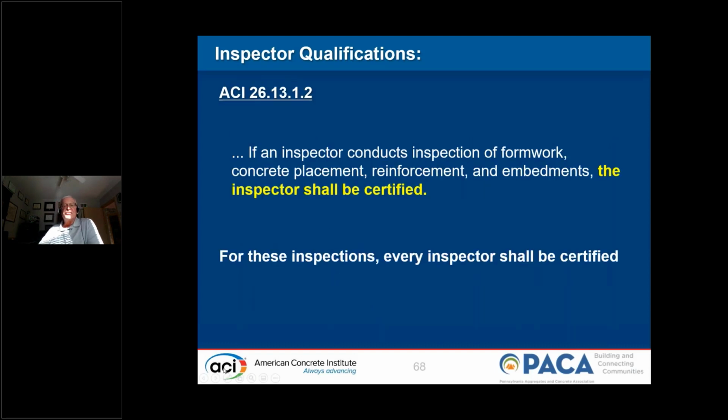Then when we get to ACI 1613.1.2, if the inspector is doing any inspection on formwork, concrete placement, reinforcement, or embedments, which is most of what they're looking at, the inspectors shall be certified.